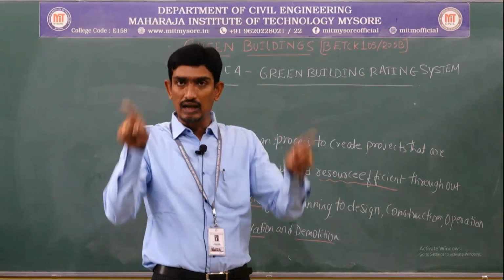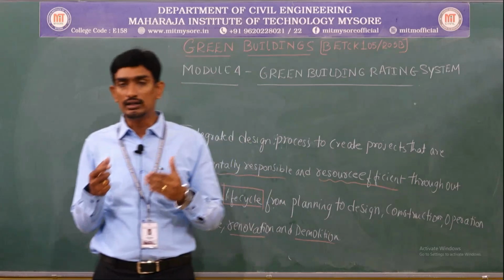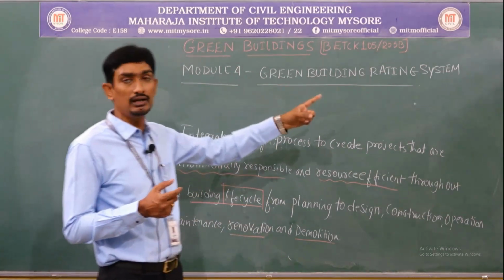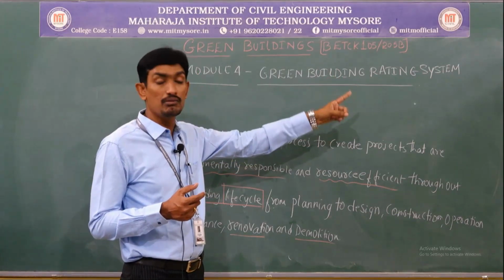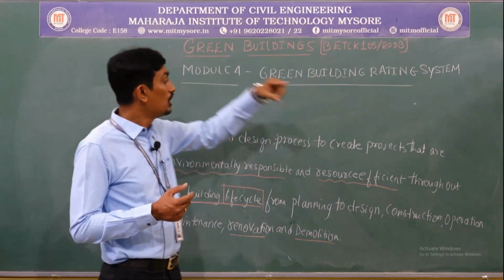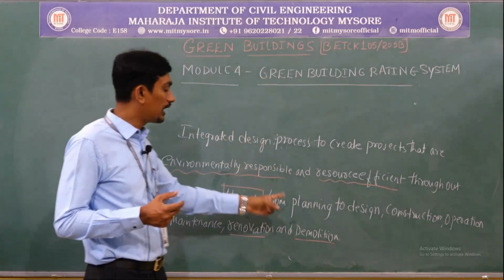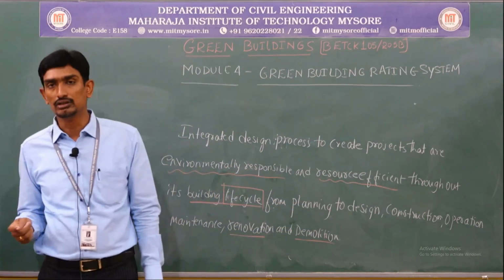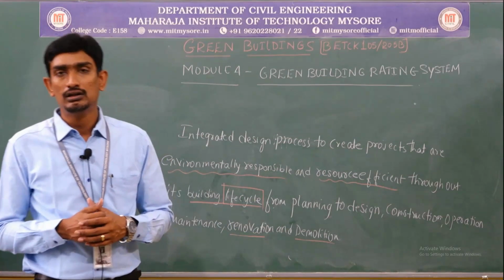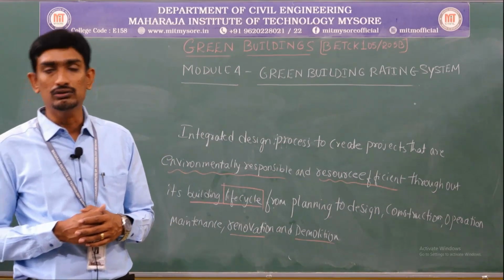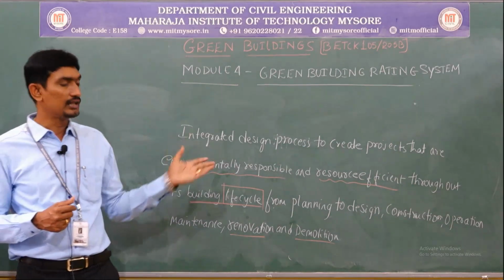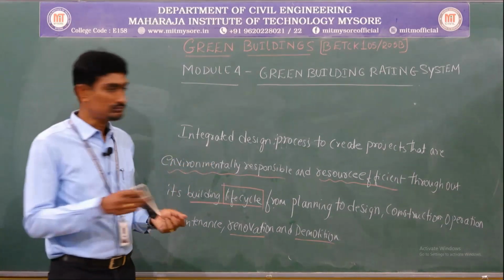So it is a complete life cycle. What we have understood here is that I am going to do the assessment, rating or certification of the green building from the inception, that is from the planning up to the demolition. This is the principle I need to follow in the rating system. Did you get my point? This is another way of defining.